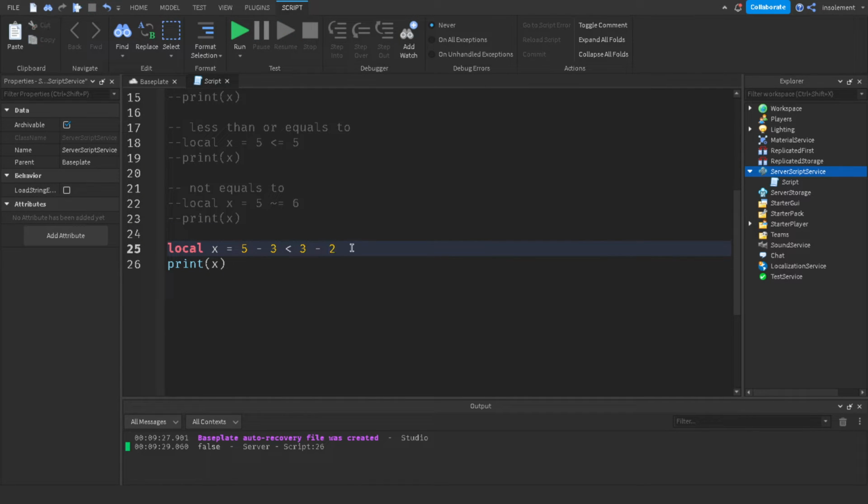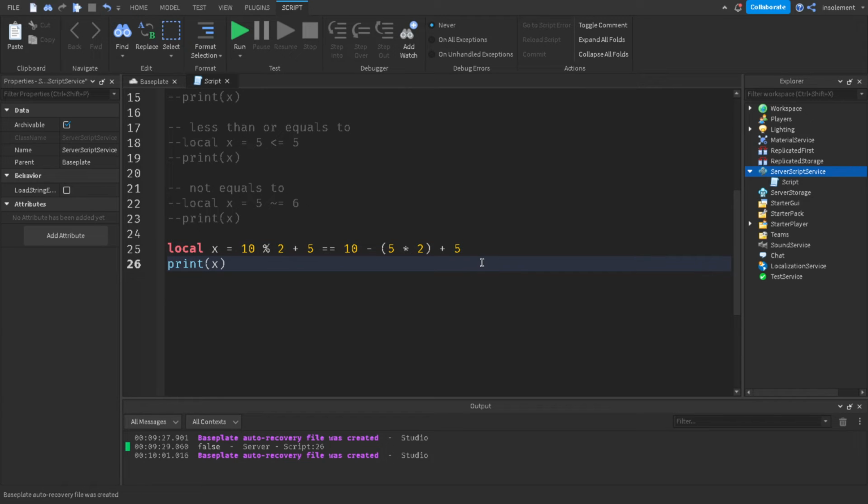And let's do a little more complicated. So 10 modulo 2 plus 5 equals 2. Let's see, 10 minus 5 times 2 is 5. Okay, so let's do this side first.